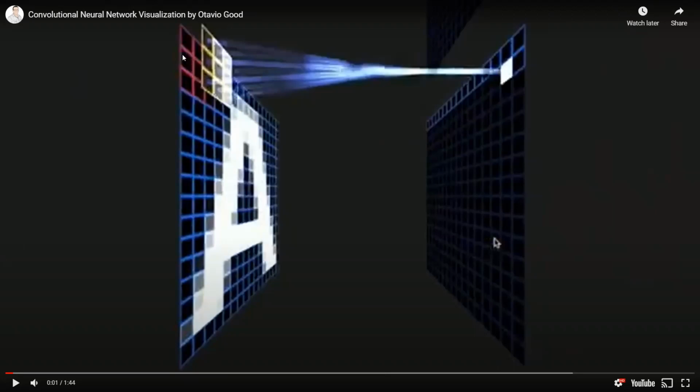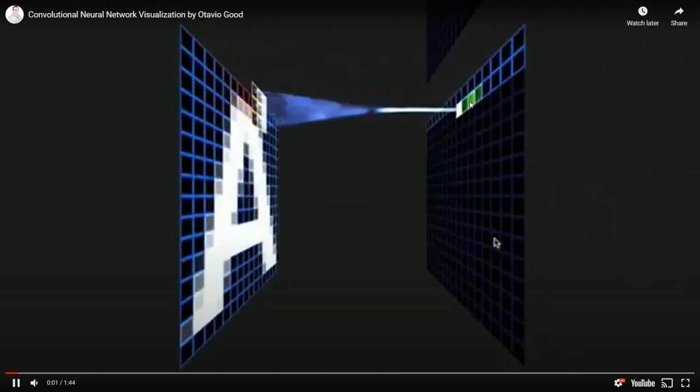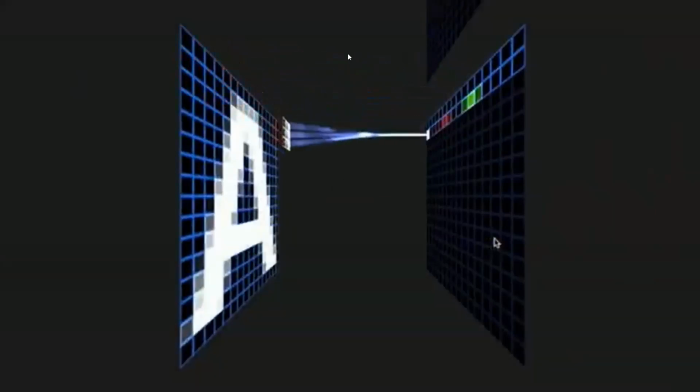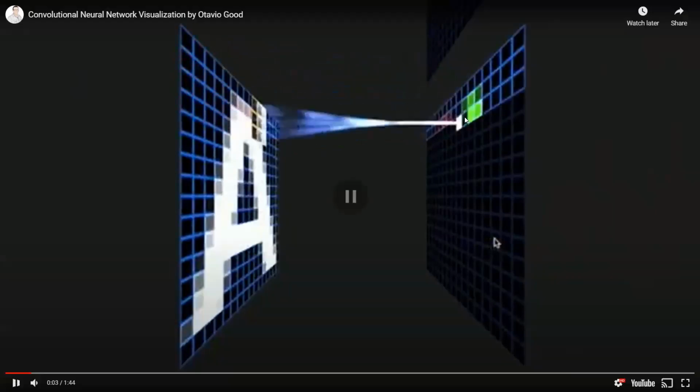Here we see it applied on this part. Then we move it, and as we move, we calculate the output of logistic regression again and again. It's basic element-wise multiplication plus summation.